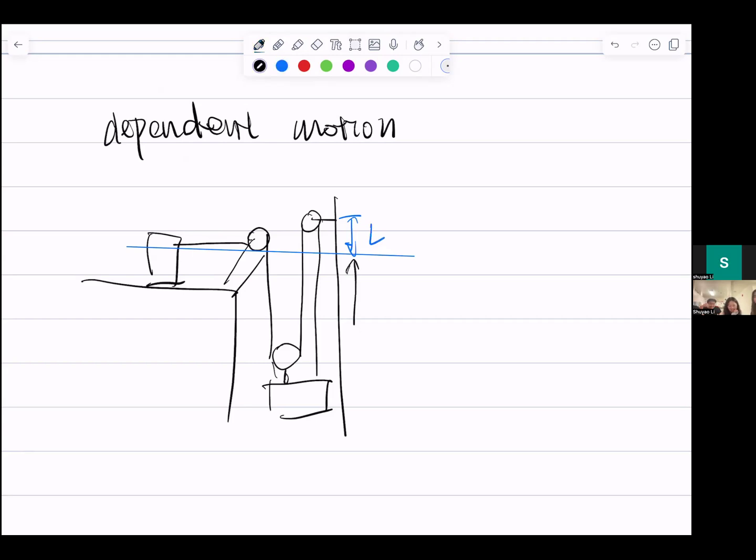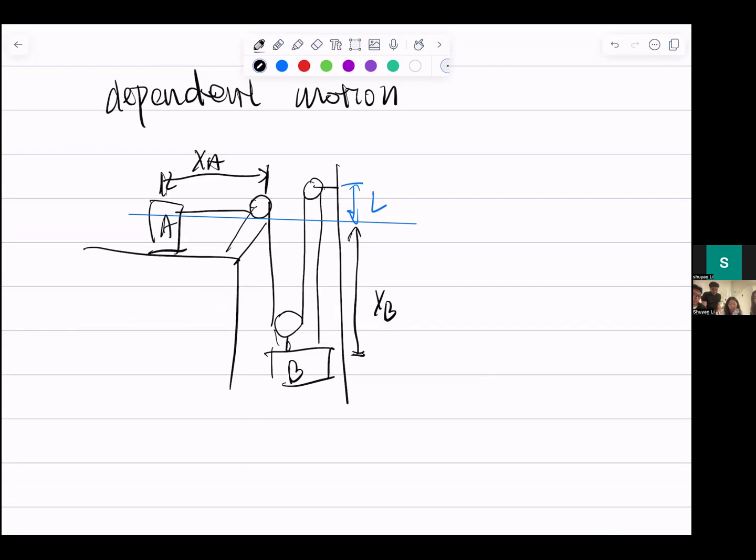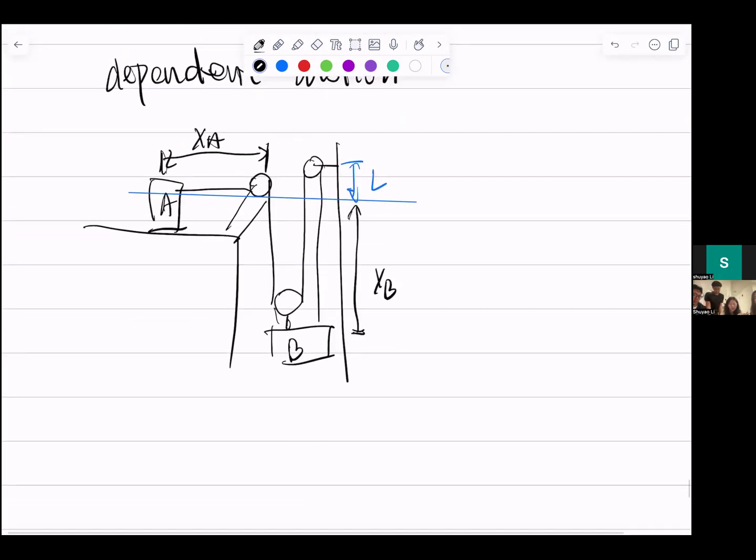And then this will be our yB, because this will be block B and block A. So I'm just naming the distance. Here I define x, well, this is just x and y as we know.